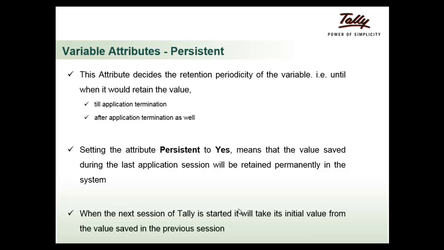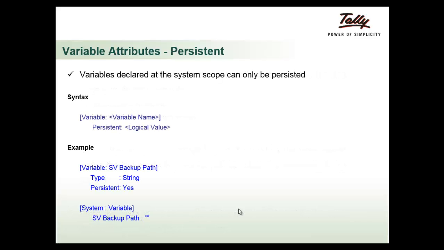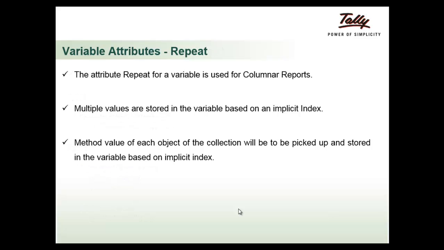So if the persistent attribute of the variable is set to yes, then even after application closure, when you open the application again, those variables will be initialized to the last value that was stored in the variable before exiting the Tally application. Then we went to the attribute repeat.